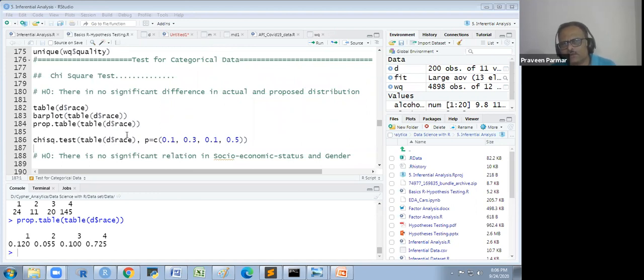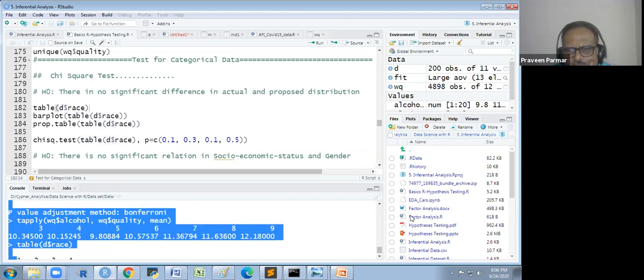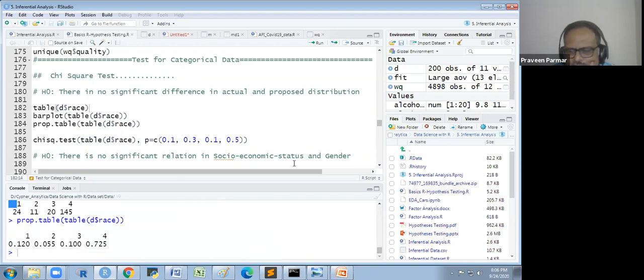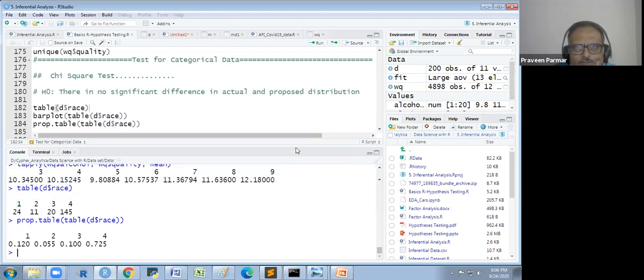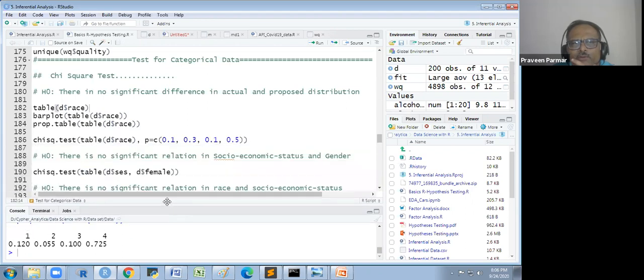Whether our race, the number of persons, the students, whatever, they are from this race or not, this caste or not, maybe. So I am taking the table. We have to use the table here in the chi-square. I have shown you this table. This table we will take here in the chi-square, not the proportion table, only the table.